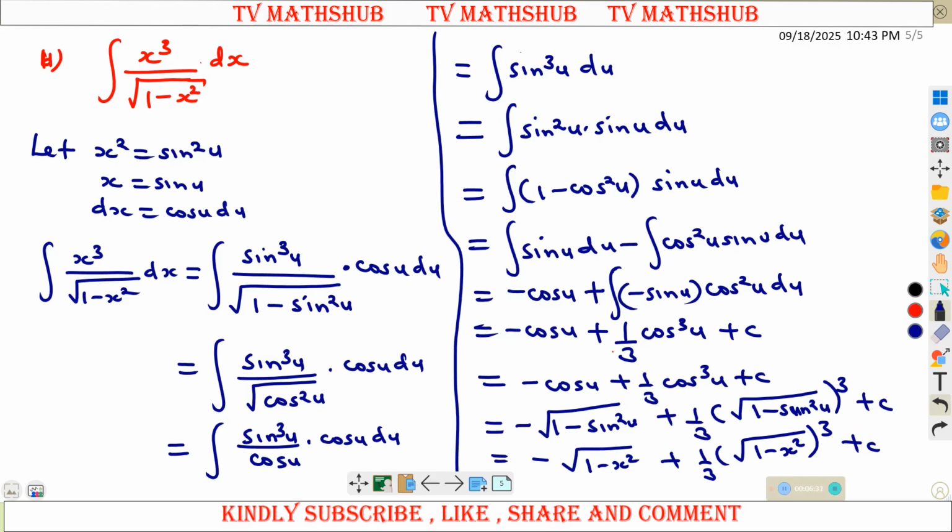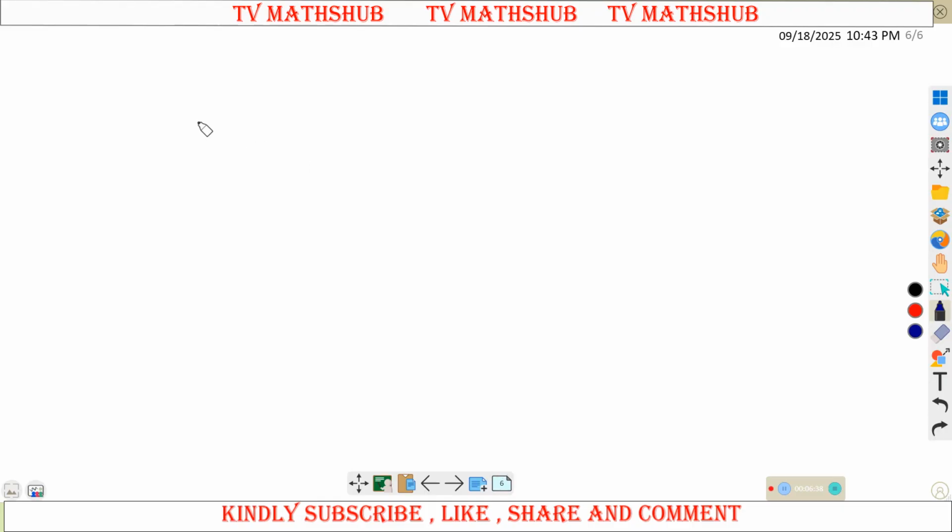So we can go on and simplify this expression. We have this equaling minus 1 minus x squared to power a half, then plus a third, 1 minus x squared, again to power 3 by 2. And we realize that this is common, so you can pull out 1 minus x squared to power a half.